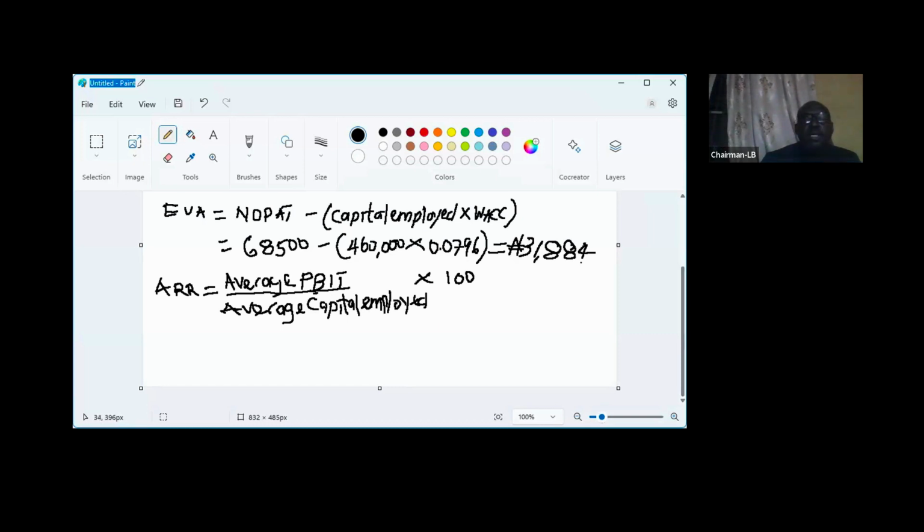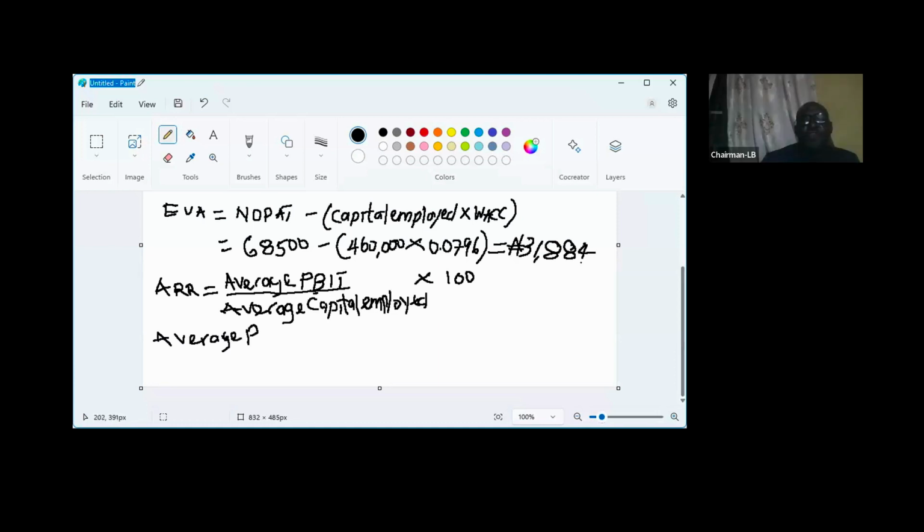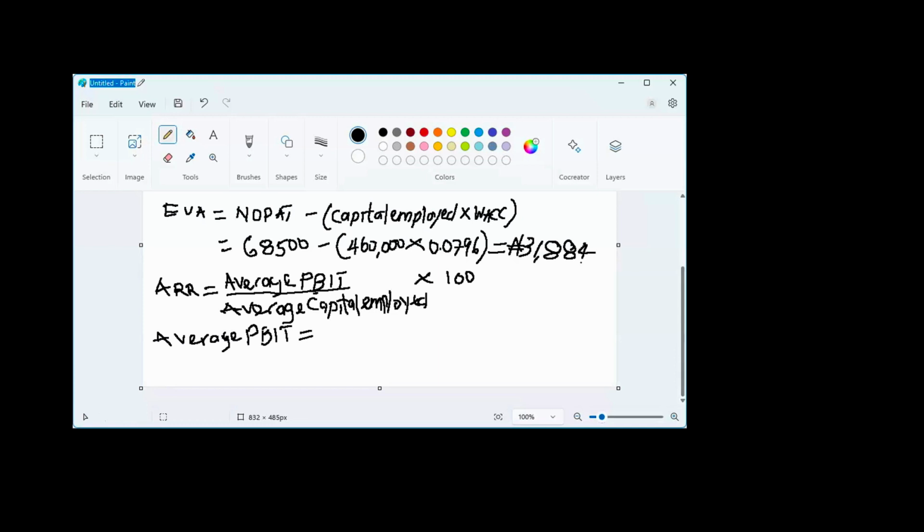Now come here. Your average profit before interest and tax: you are given 2 years. Check 2019, what was the profit before interest and tax?